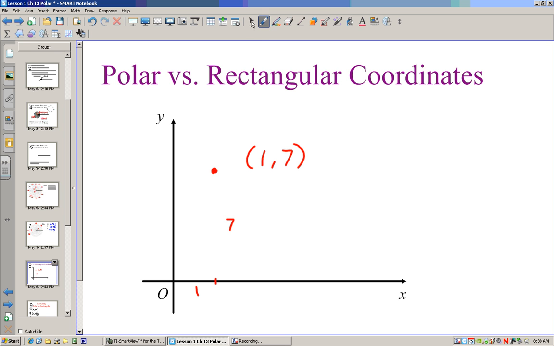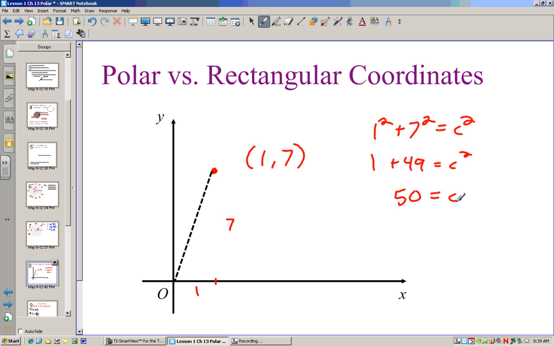Now, if I want to find this in polar coordinates, what I'm first concerned about is this distance. So we need to find that distance. Well, we can use Pythagorean theorem and say 1 squared plus 7 squared is equal to c squared, or 1 plus 49 is equal to c squared, or 50. Square root both sides.